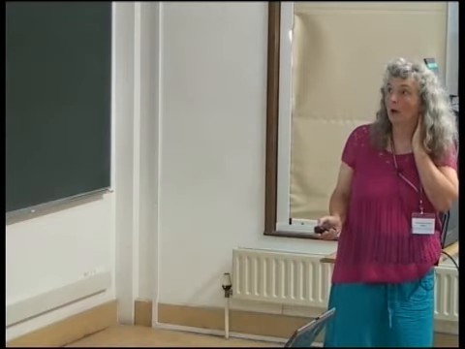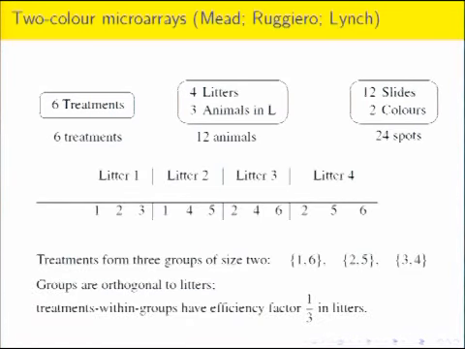First phase design. 6 treatments, only 3 animals per litter. You've obviously got to have an incomplete block design, and in most senses of optimality, I tend to use A-optimality. This one is A-optimal. This particular design occurred on one of Heiko's slides at the end yesterday. There's obviously some nice things about it.